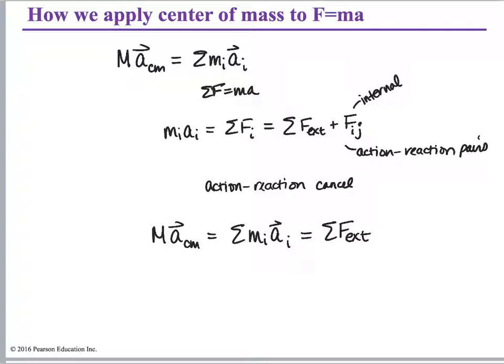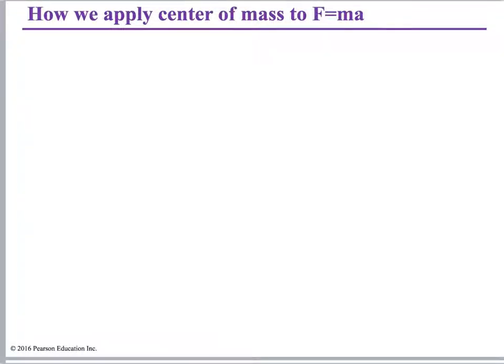So this becomes a way that I can treat a system of particles: I can just look at all the external forces, and this is what causes the center of mass of the whole system to move.